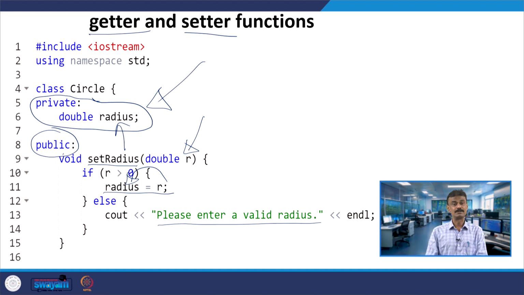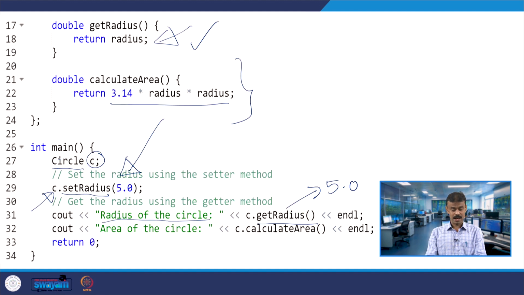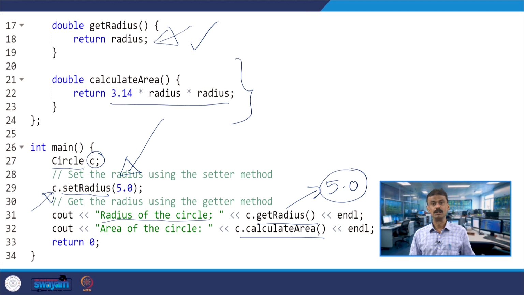Radius is being hidden, and you access it with the help of public member functions, the getter function and setter function. C dot getRadius gives 5.0, and for the area of the circle, C dot calculateArea computes 3.14 into 5 into 5.